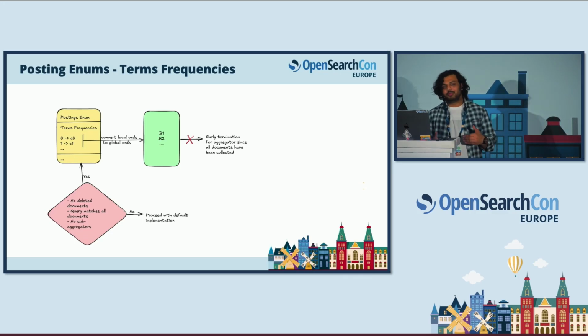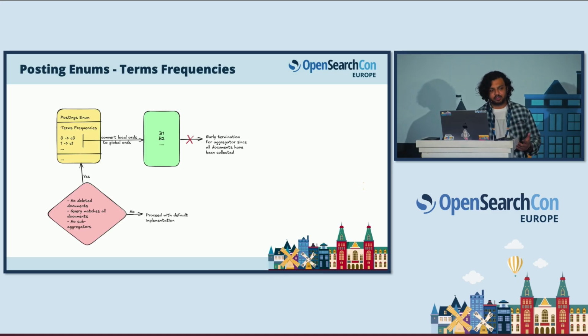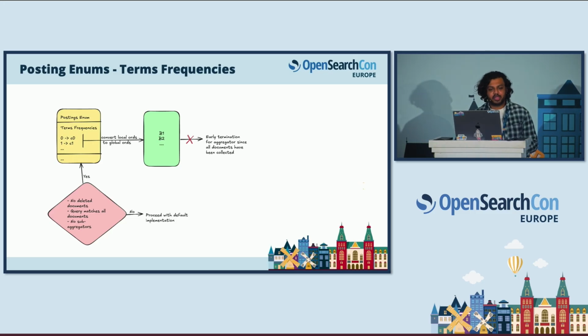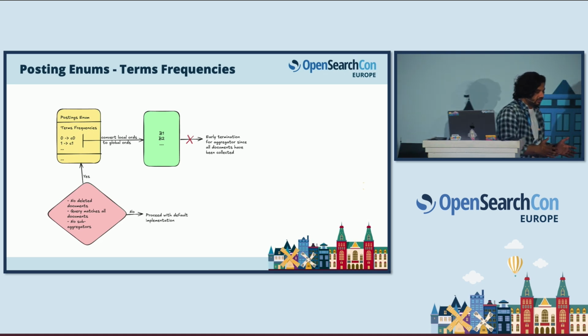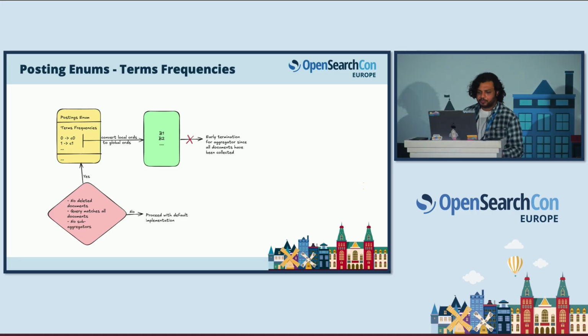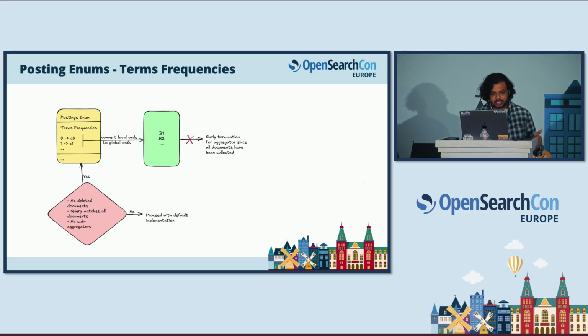We map to ordinals so that we can traverse faster, instead of looking for terms like apple or banana; it's easier to just look for 0, 1, 2. These numbers are then converted into global ordinals, because different segments can map ordinals differently, as not all segments may have all the keywords. This is one of the very simple optimizations we did.